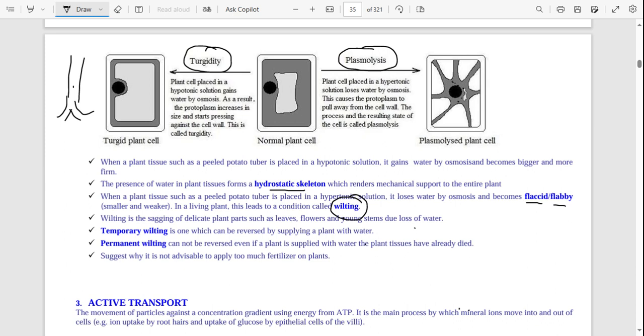Think of that process when you have vegetables, before they wither out. There's a point where they fall because they are weak. That is what is known as wilting. Permanent wilting cannot be restored, meaning that the plant has already died.